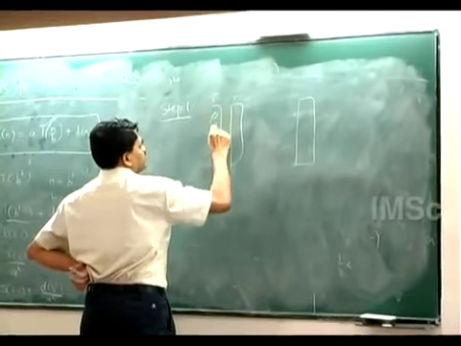So step 1: divide the list into blocks of size 5 each and find the median of each block.